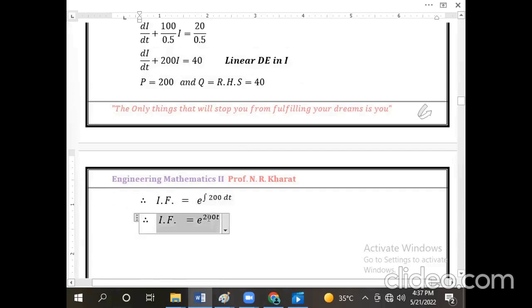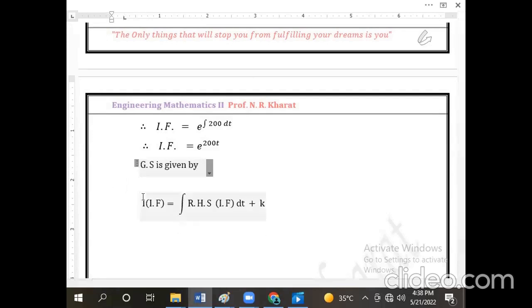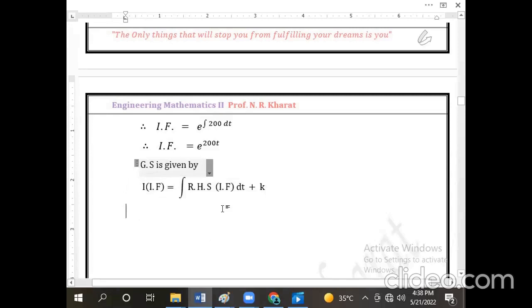It's my integrating factor. The general solution of the differential equation is I times the integrating factor is equal to the integration of the right hand side times the integrating factor dt plus k. So the value of I times the integrating factor, that is e raised to 200t, and our right hand side is 40, we have to replace here.